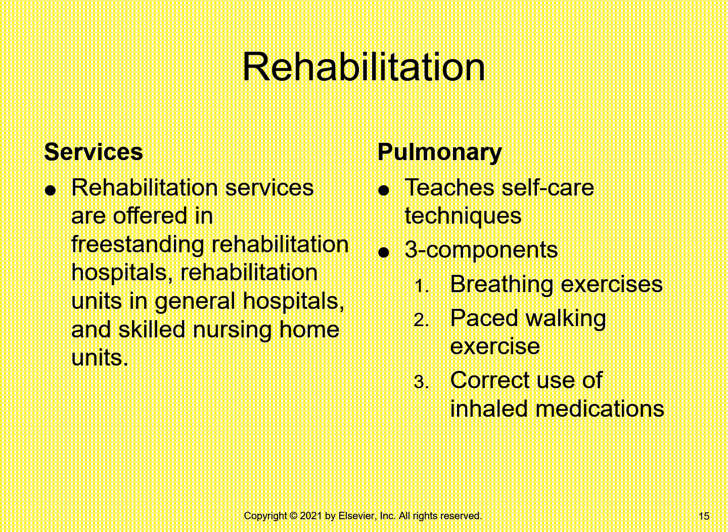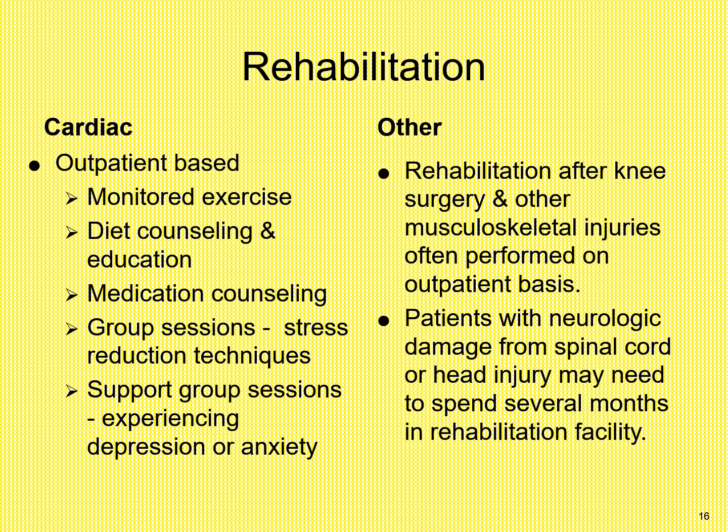Programs within large cities are often available for vision or hearing rehabilitation. Most burn centers have comprehensive rehabilitation available for burn patients. Cardiac rehabilitation focuses on exercise, diet, medications, and support groups.